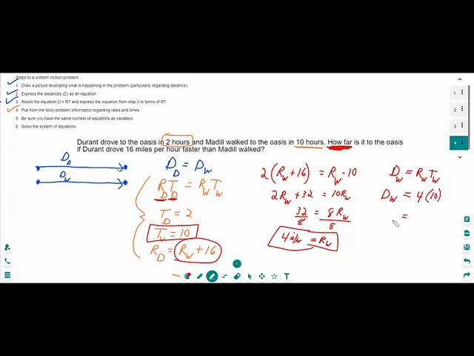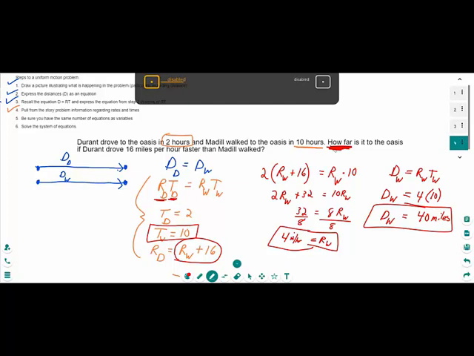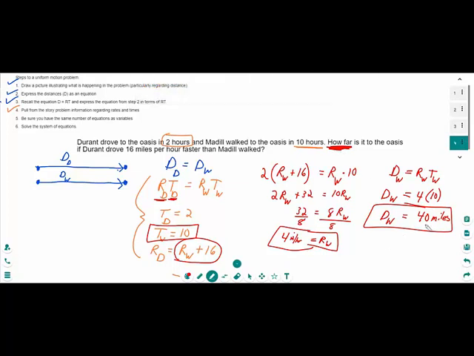If we multiply that out, the distance of the walker is 40 miles. And if that's the distance of the walker, it's also the distance of the driver, because the distance is the same. So there you have it. How far is it to the oasis? It's 40 miles to the oasis.